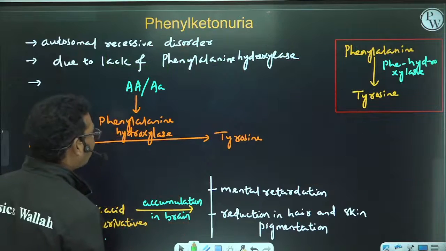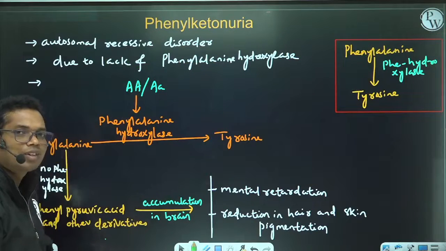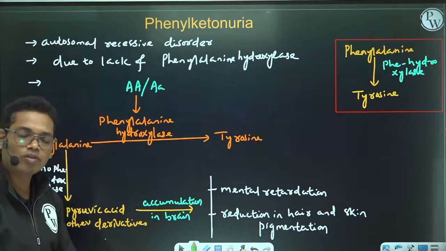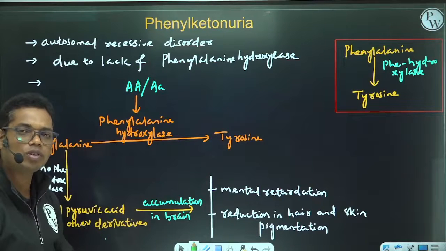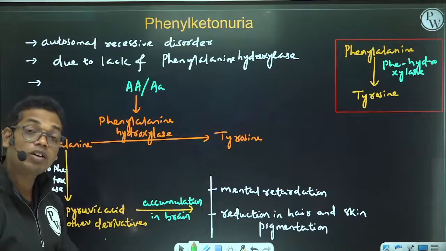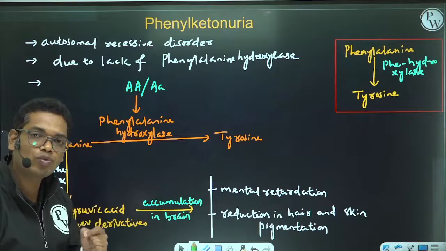So when I say phenylketonuria, this is an autosomal disorder. Why? Because the gene responsible for this disorder is present in autosomal chromosome 12.